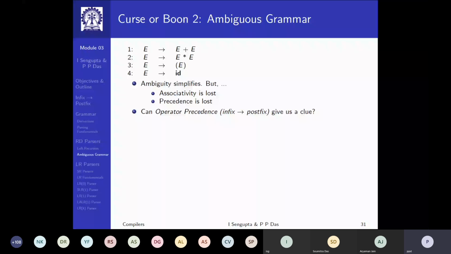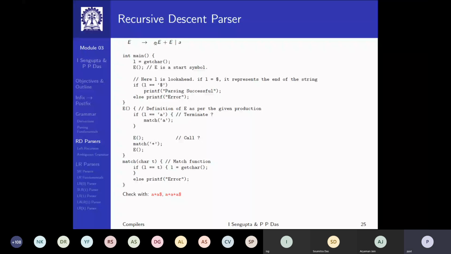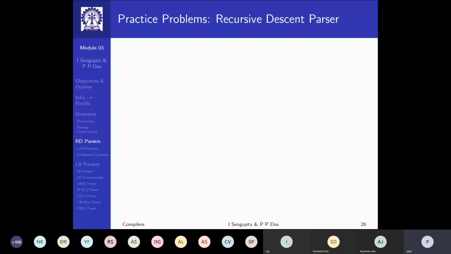The other issue is, I'm referring back to here. I'm fascinated by this grammar because it's so simple and intuitive to say that expression is expression plus expression. Can I say that in general?